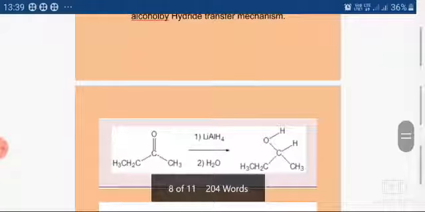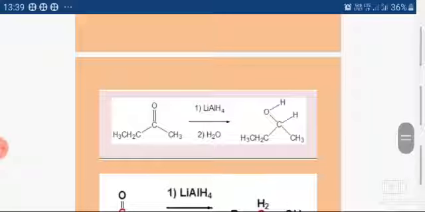See the first reaction, the reduction of a ketone using lithium aluminum hydride. In this case, 2-butanone undergoes reduction with lithium aluminum hydride followed by hydrolysis to form 2-butanol. Here, one of the carbon-oxygen bonds is broken and an oxygen-hydrogen bond is formed.